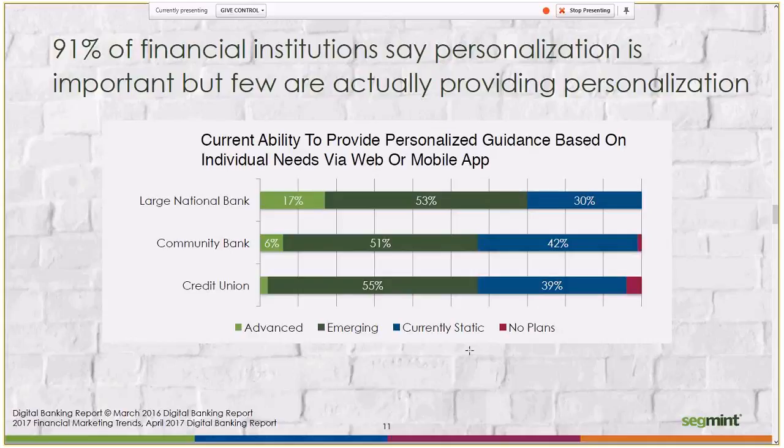Even though banking in general is lagging behind in these areas, you can see based on the breakouts of financial institutions, the types of customers they serve here, whether you're a large national institution, a community bank, or a credit union, there is at least an emerging trend, right? There's thought, effort, planning, and strategy going towards creating the ability to personalize messages and guide customers in an intelligent way, leveraging data through the channels they engage with.